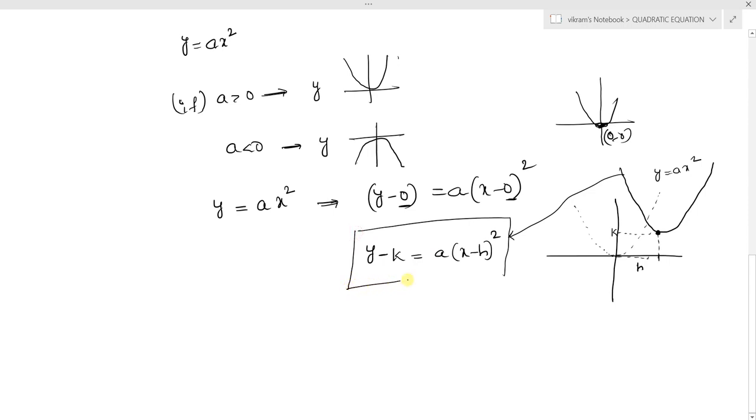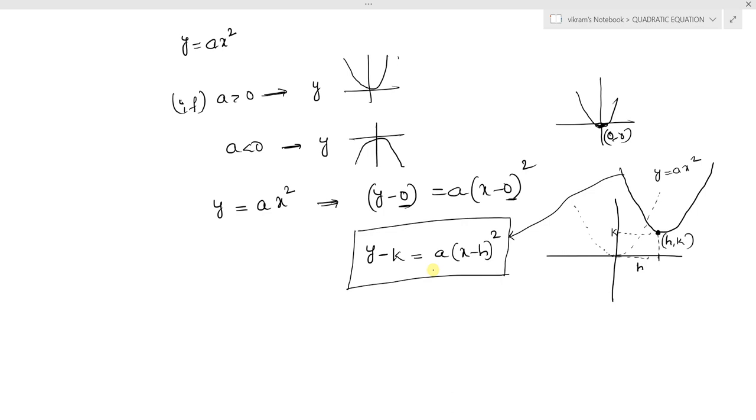If the plot y equals a x square has its vertex shifted to h comma k, we can write the transformed equation as y minus k equals a times x minus h whole square. This is related to the graph of a curve of the form y equals a x square.